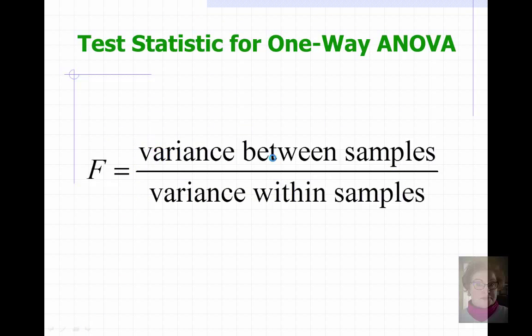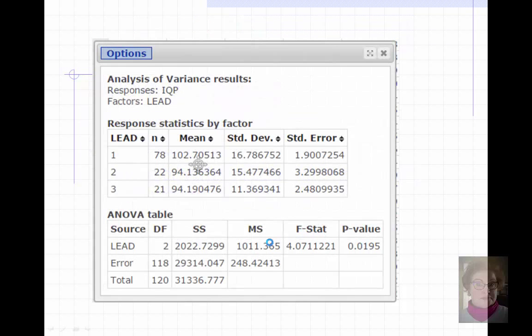So the variance between the samples and the variance within the samples, that's found on your printout under this MS. So that is what you want to look at, and the way that it's on the table is exactly divide the top number by the bottom number and you'll get your F statistic.